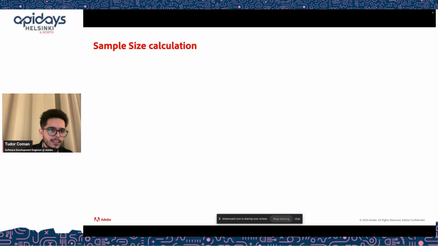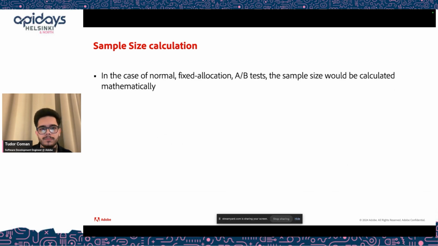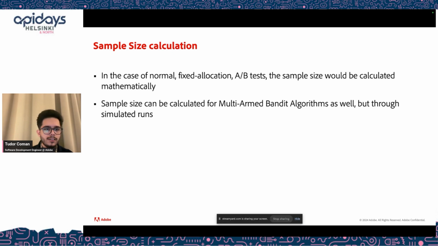For calculating this, it really depends on your setup. Normally, for a fixed allocation A/B test, or traditional one, the sample size can be calculated mathematically based on the parameters I just showed you. But you can also calculate it for multi-arm bandit algorithms. This is a bit more difficult because these algorithms are not deterministic.